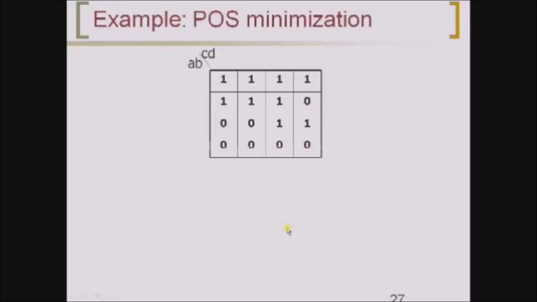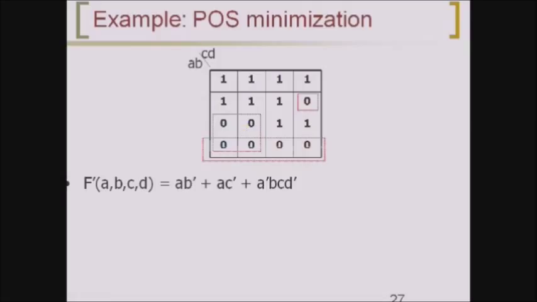Now this is how to minimize the POS, that is product of sums. We have to group only zeros but not the ones. We have to consider only the zeros, which are nothing but max terms. I have gone with three groupings here, or three blocks. Two blocks are of size 4 and one block is of size 1.